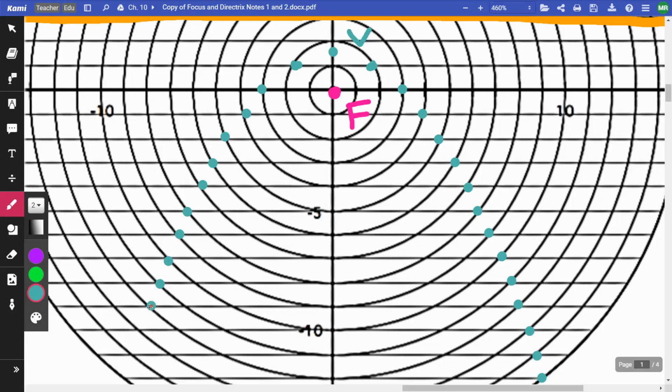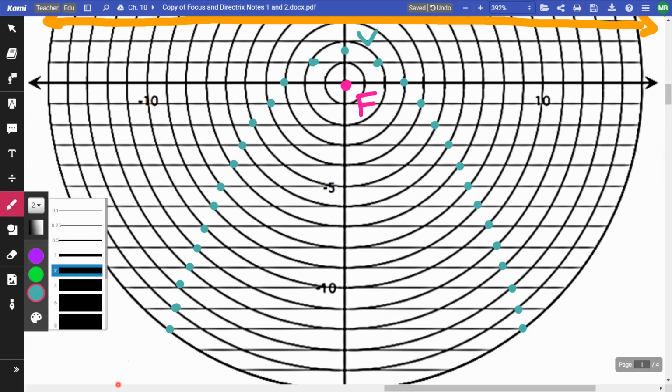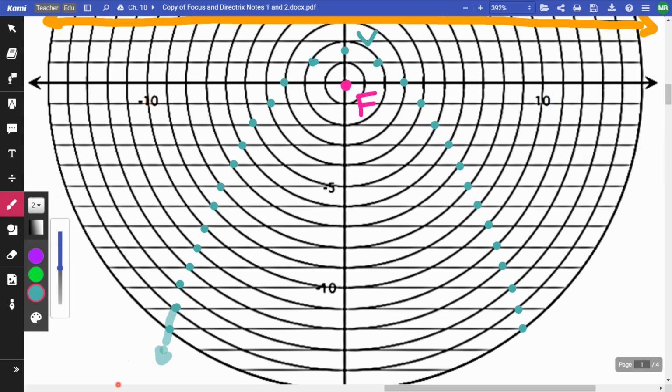Now, if I was to connect these with a curve, I'm going to do it a little fainter so we can see through it. You see, there's my parabola. You can see the shape of my parabola from that.